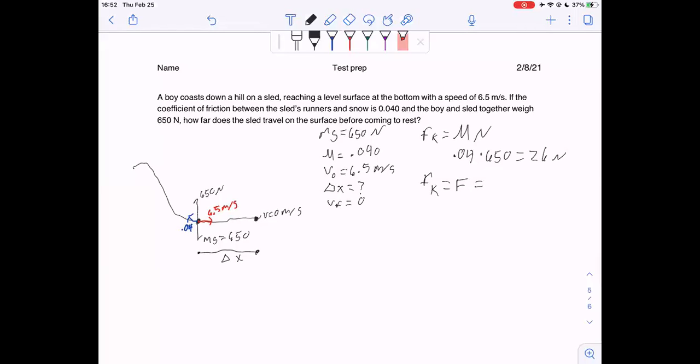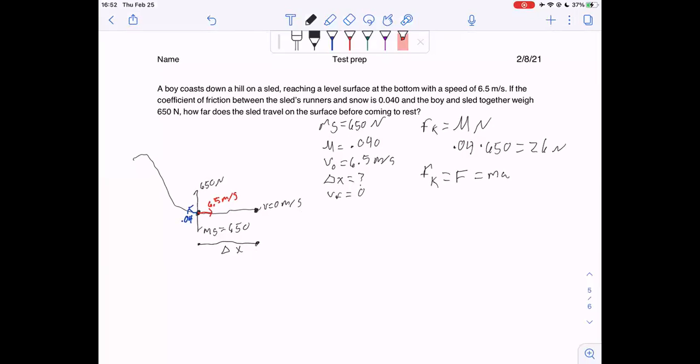We also know that F of k is equal to force, which is equal to mass times acceleration, right? Before we can go into that, we have to figure out what they weigh in mass. So we know weight is equal to mg. We know the weight is 650 equals m times 9.8. Divide both sides by 9.8, and we find that mass is 66.3.